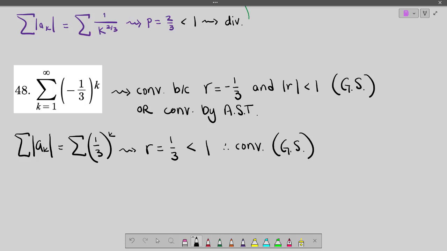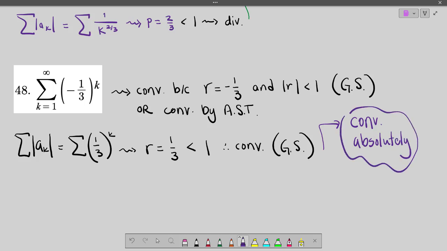Then we have to classify that convergence. So does this converge conditionally or does it converge absolutely? Absolutely. So because the series of absolute values also converge, this converges absolutely. So if the series of positives converges, then we say the original series converges absolutely.